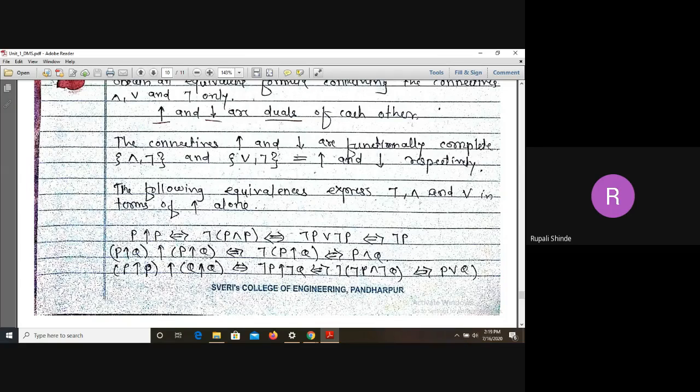This is just like P and P, so we will get the answer as negation of (P NAND Q). Again, to remove this NAND, you have to take negation of P and Q. Negation and negation will get cancelled, and you will get the answer as P and Q only. Likewise, you can prove the equivalence after removal of this NAND.